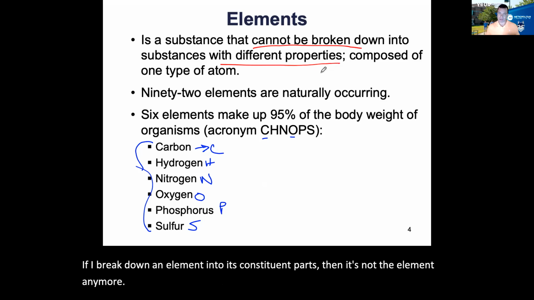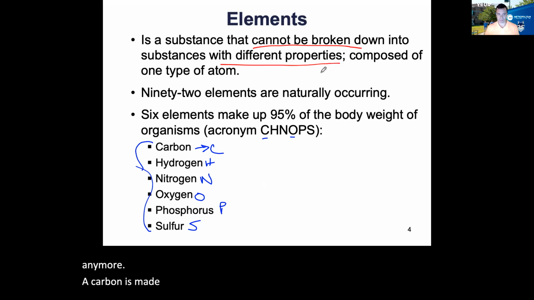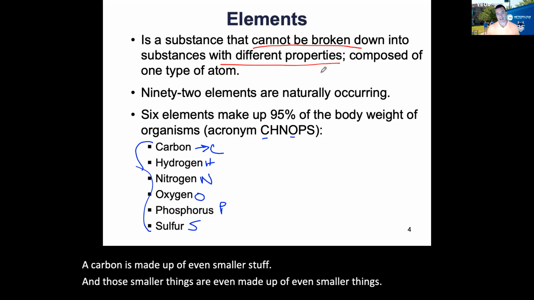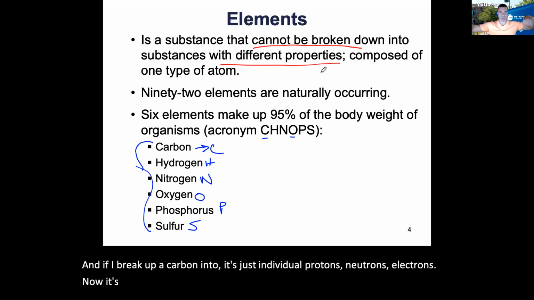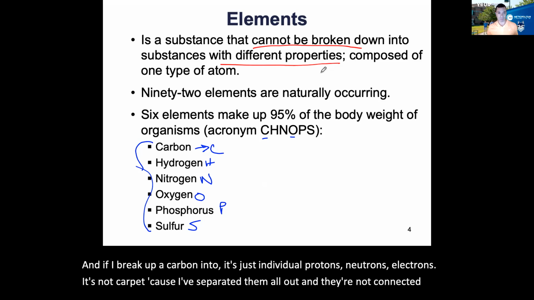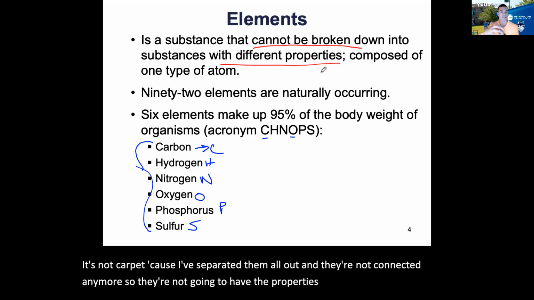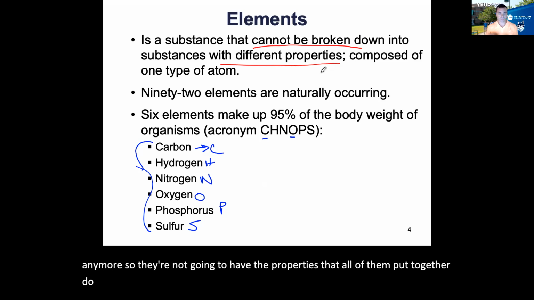A carbon is made up of even smaller stuff. And those smaller things are made up of even smaller things. And if I break up a carbon into its individual protons, neutrons, electrons, now it's not carbon because I've separated them all out and they're not connected anymore. So they're not going to have the properties that all of them put together do have, carbon.